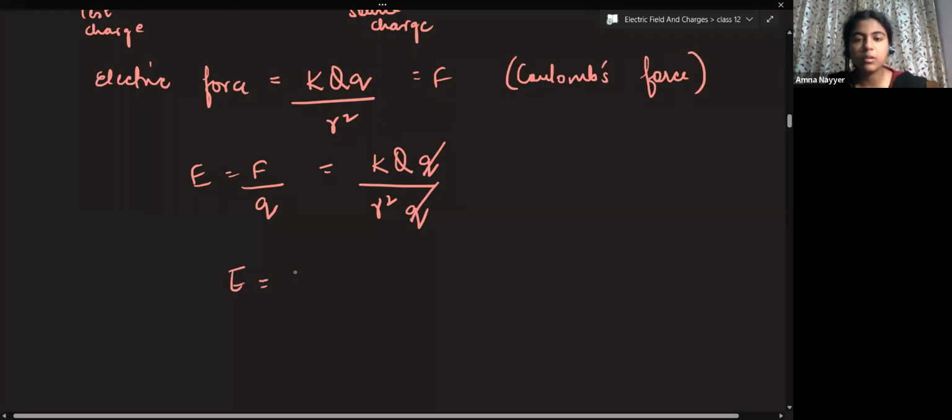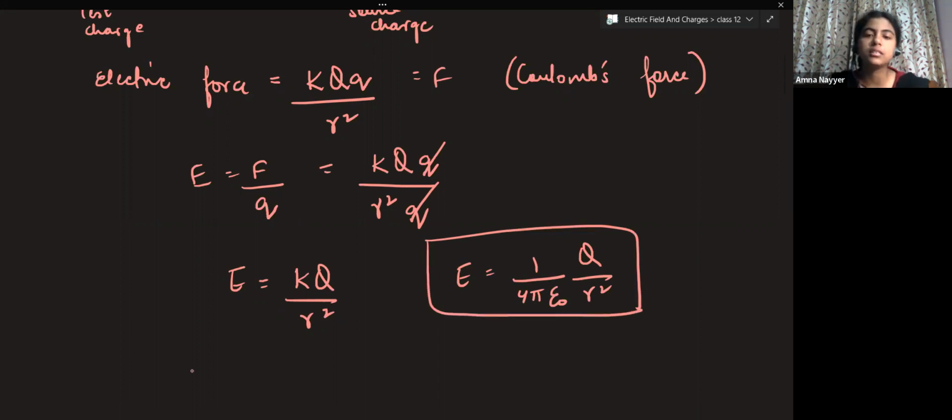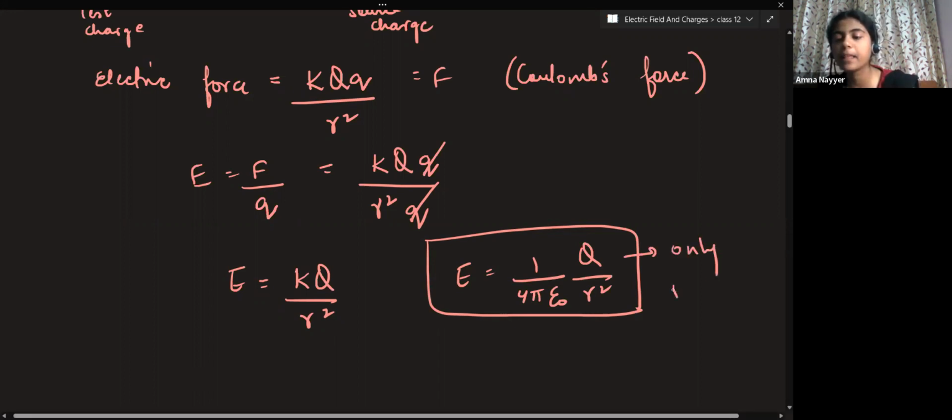Electric field will be equal to K capital Q by R square, which you can write as 1 by 4 pi epsilon naught Q divided by R square. So in the case of electric field, we don't have the test charge. This is only equal to 1 by 4 pi epsilon naught Q divided by R square. And this formula is valid only for point charges. It's just that the test charge vanishes.